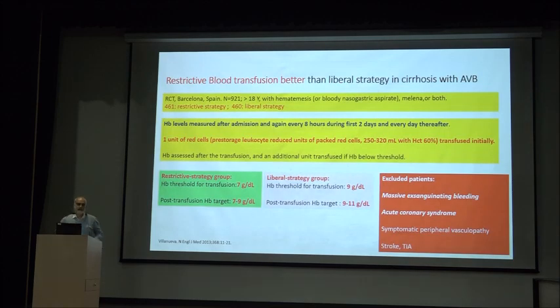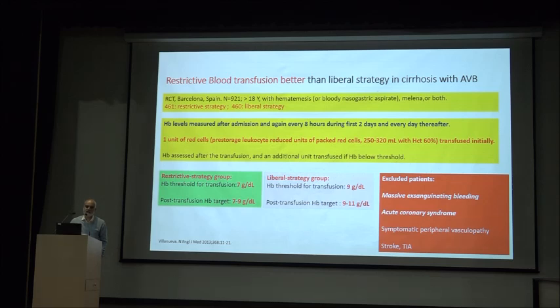Now this was the NEJM study from Barcelona which showed that restrictive blood transfusion was better than the liberal strategy in cirrhosis with acute variceal bleed. Adult patients with hematemesis, melena or both, 461 were randomized to the restrictive strategy and 462 to the liberal strategy.